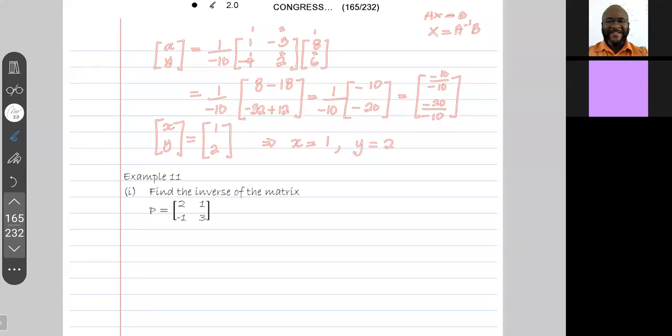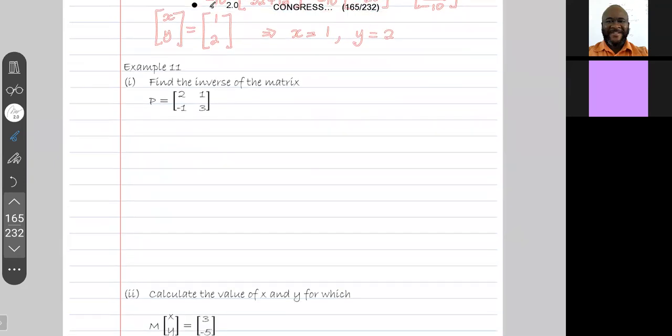All right, so example 11 says, find the inverse of the matrix P. All right, so P inverse is equal to 1 over the determinant of P times adjoint P. So the determinant of P is 2 times 3 minus 1 times minus 1.